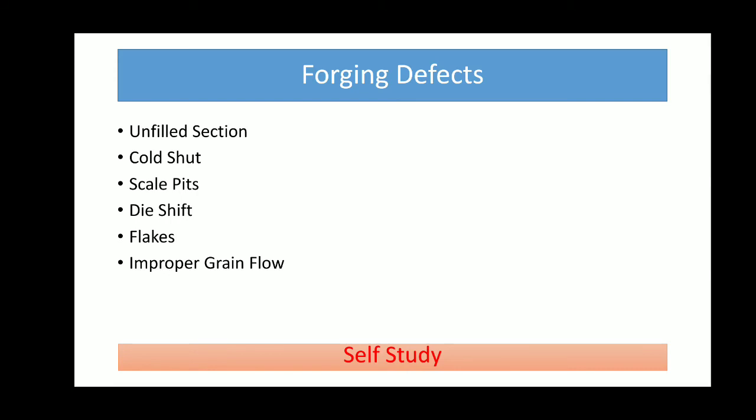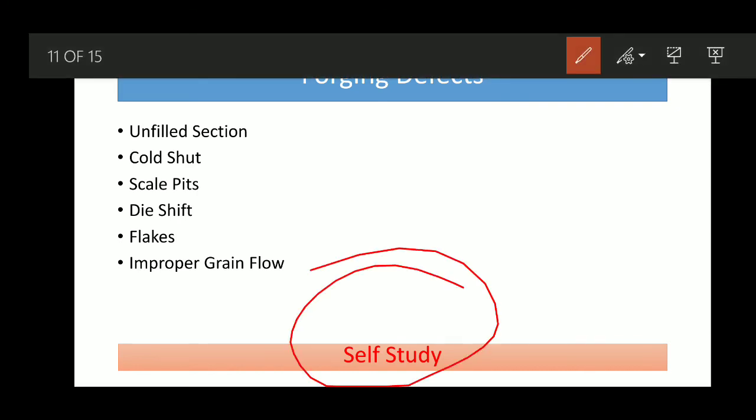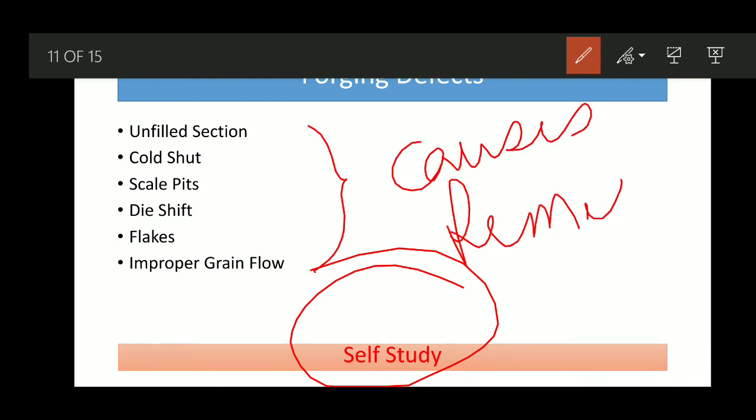Sometimes the die may shift, that is known as die shift. You may have some flakes on the surface of the final part. Similarly, the grain flow, in whatever direction we want it, may not be proper due to the hammering action. So these are some of the forging defects. This is for your self study. You go through them in detail: what are the causes, remedies, etc.